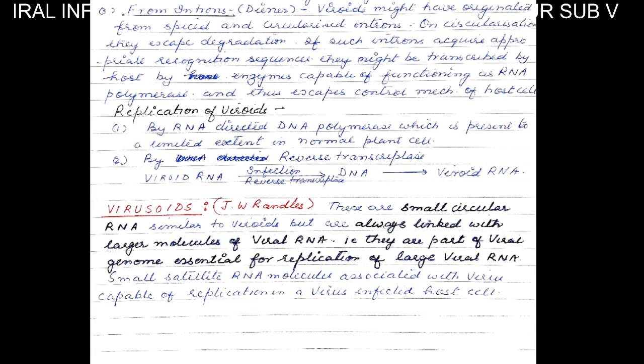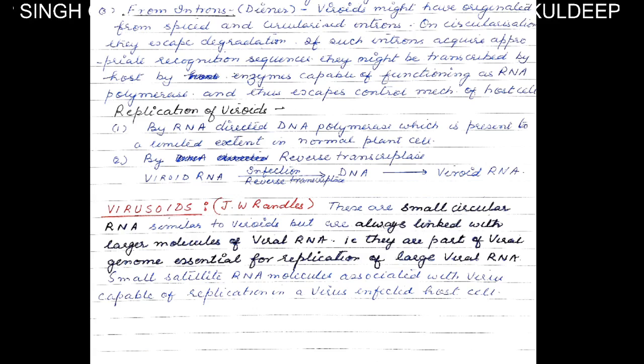Let me repeat that the viroids are also made up of RNA, and that too of low molecular weight. The virusoids are also made up of small circular RNA, but are always linked with large molecules of viral RNA.